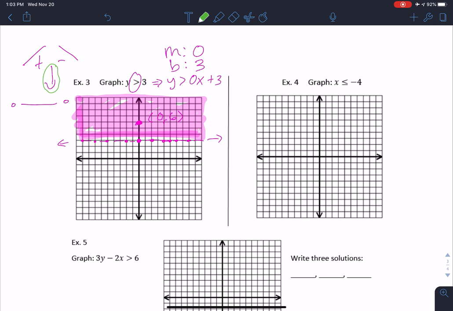So we're going to go to -4 on the x-axis and make a point, and it's going to go up and down along this point that we drew. It's going to be a vertical line, as you can see from his nose on the slope man. Now before we connect our points, we look at our symbol. It has the line underneath, which means equal, so my line is solid, so I can connect all these points like this.